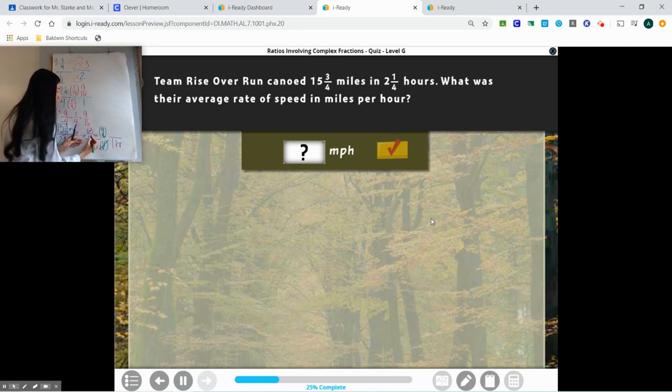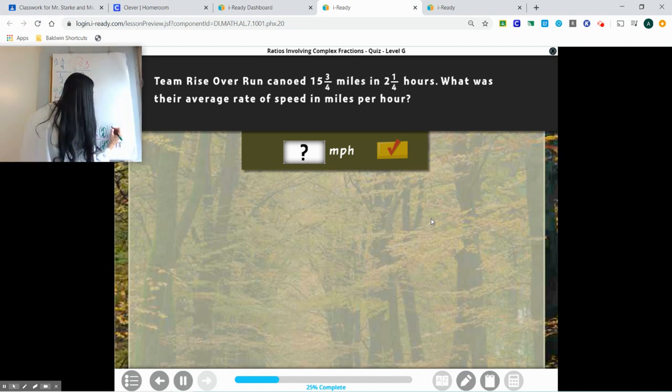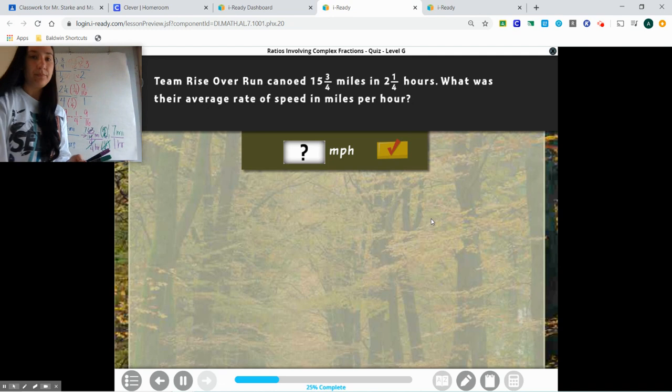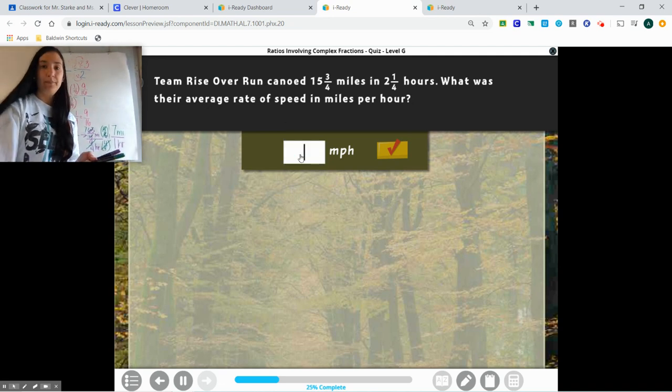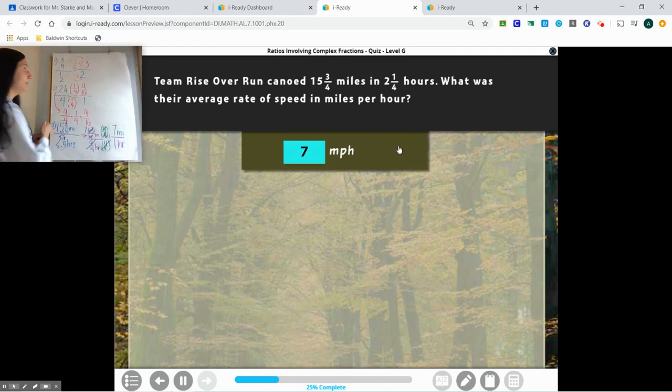Let's cross reduce. 4 will become a 1. 9 and 63 we can also simplify. 9 will become a 1. 63 divided by 9 is 7. Now when we multiply across, we're going to get 7 miles per hour. So we're going to type 7 in here and go on.